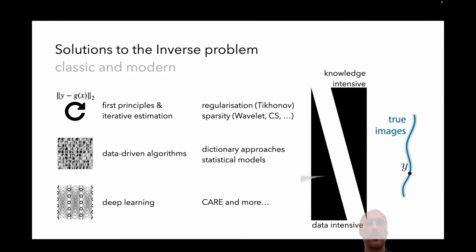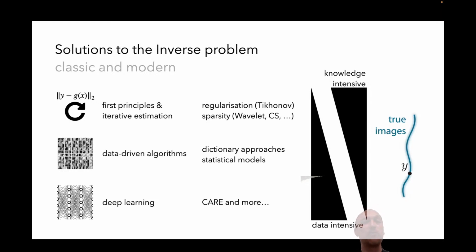true images. But as the field has evolved, what people have realized is that it's very difficult to describe these subspaces of images in a very accurate fashion mathematically on first principles. It's much easier to actually just provide a large collection of images and say, this is the kind of image I want back.